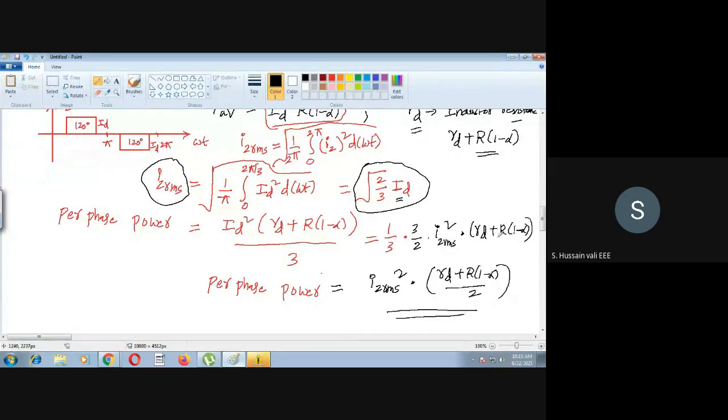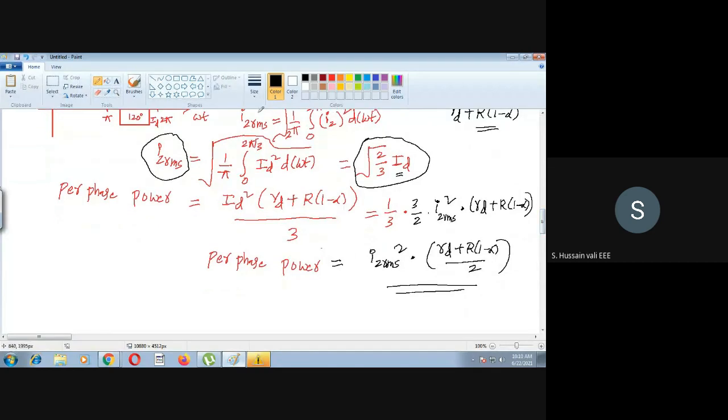In this per phase power, we can consider this R as the effective resistance, because the power formula is I square R. So in place of R, what is there here? I will write here the per phase effective resistance.